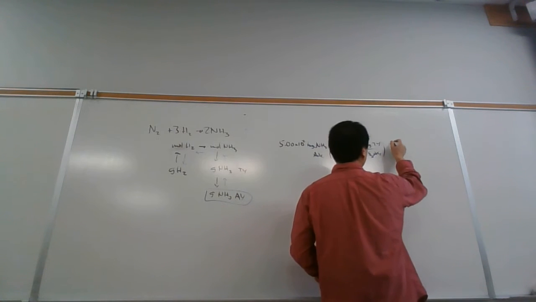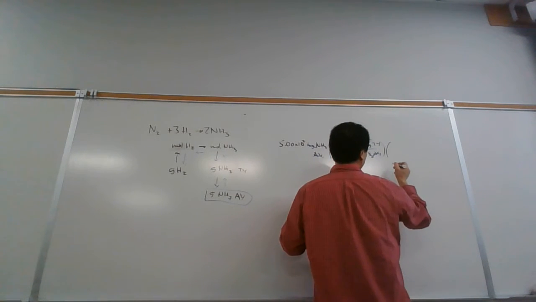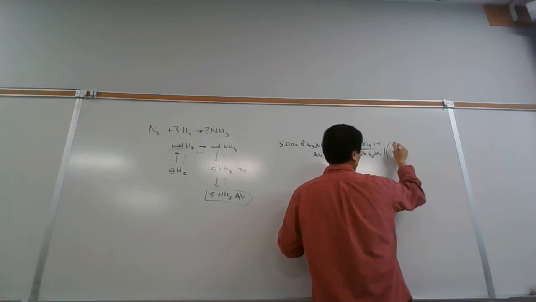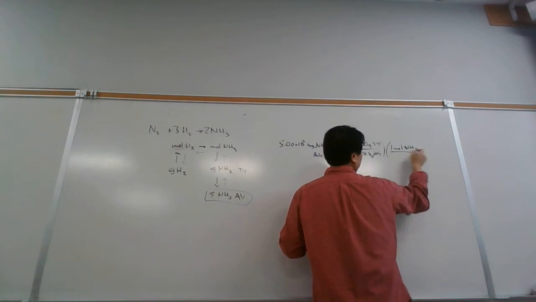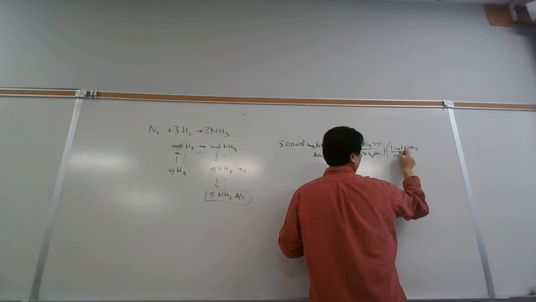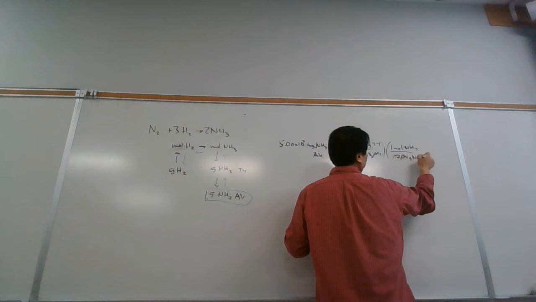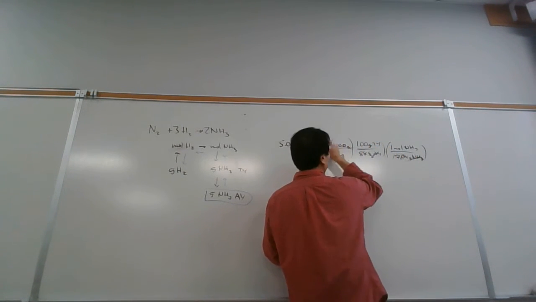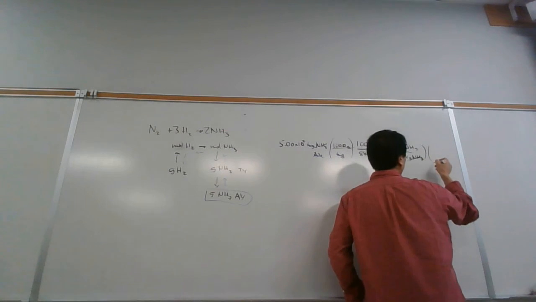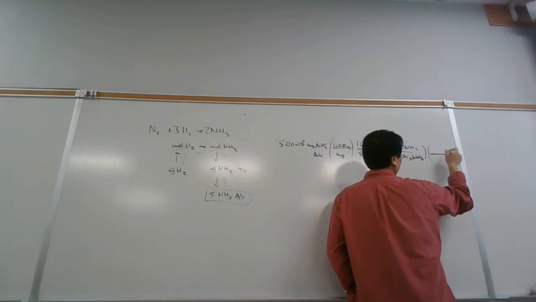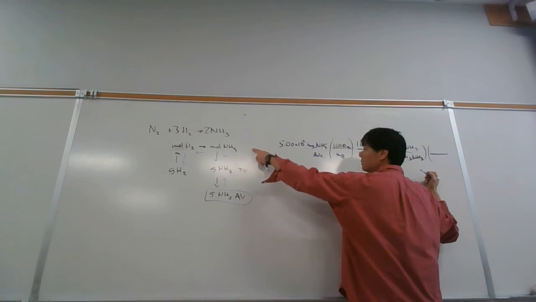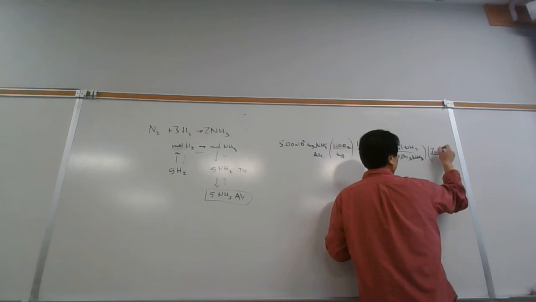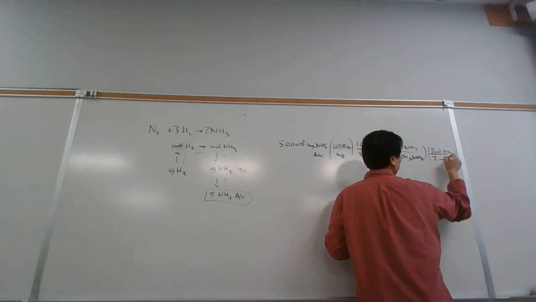And then once I have that, the rest is just straight stoichiometry. So we're going to go to 1 mole of NH3 weighs 17.04 grams. Okay, the grams of ammonia cancel. And then mole to mole ratio, what is it? 3 to 2. 3 moles of hydrogen for every 2 moles of ammonia.